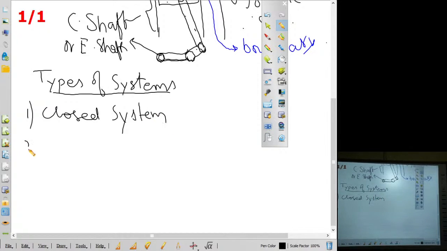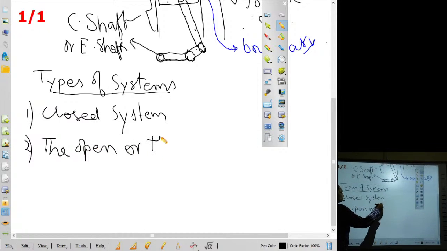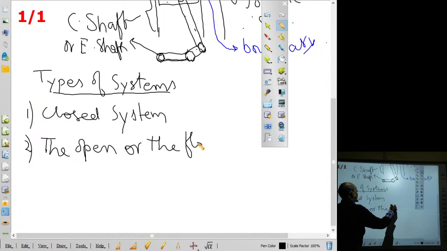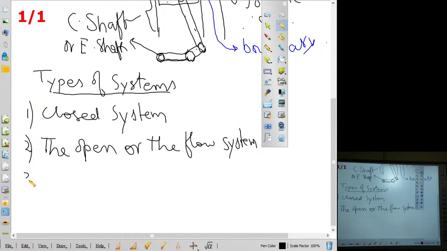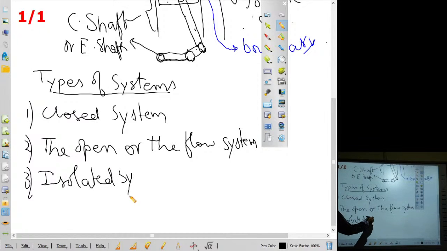The other type of system that we have is known as the open or the flow system. And the third one is the isolated system. So now we have to understand the details about all of them, because you have different types of systems.